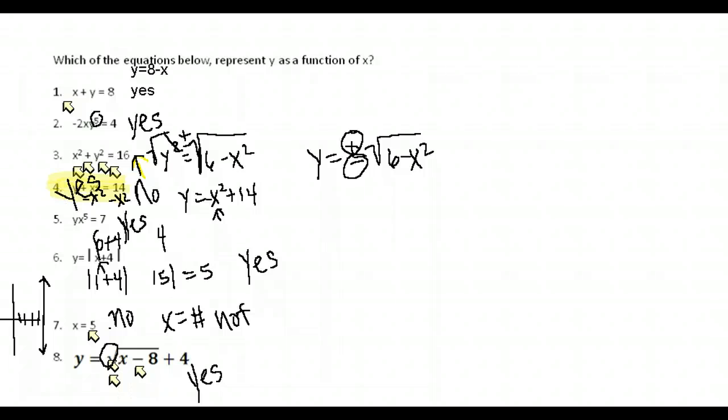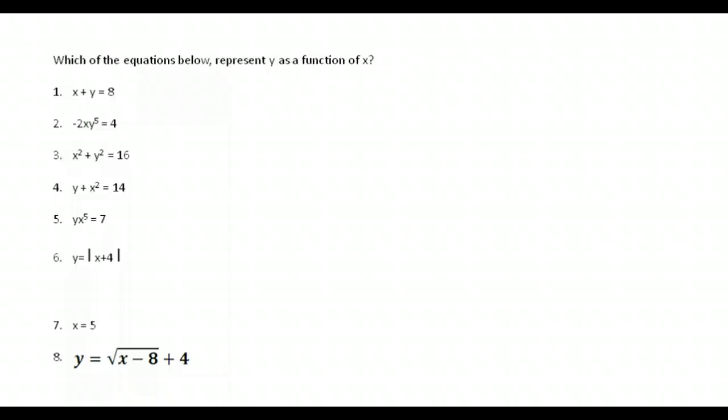Sorry about the overlapping here. The no goes up here with this example. It was a y squared, almost always a problem and makes it not a function. X squared is okay. So to recap, I'm going to go ahead and erase. This was a yes. This was a yes.